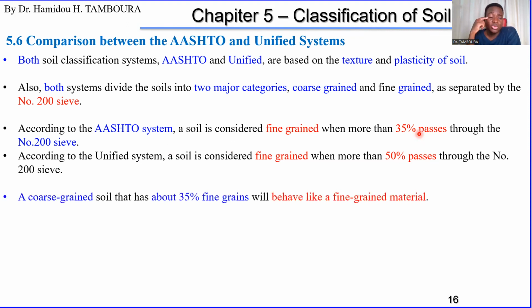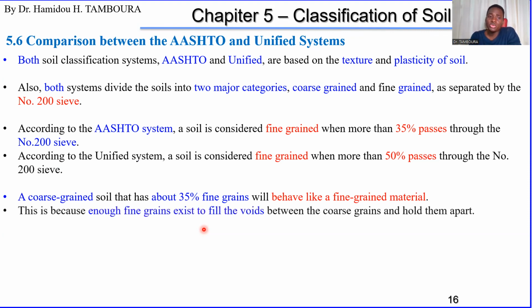The difference is high. Okay, for the AASHTO system, if 30%, 35% passes, they are considering already that, okay, this amount of fine is too high. And in reality, if we check a coarse-grained soil that contains about 35% fine grain, it will behave more like fine-grained soil. And the reason for that is because enough fine grain exists to fill the void between the coarse grains.